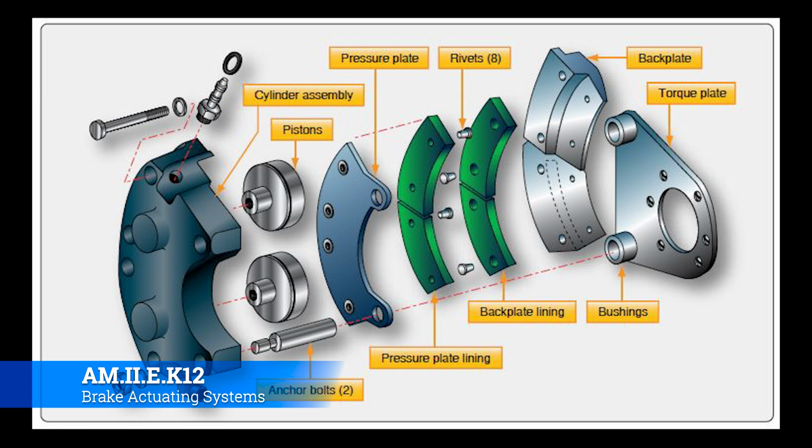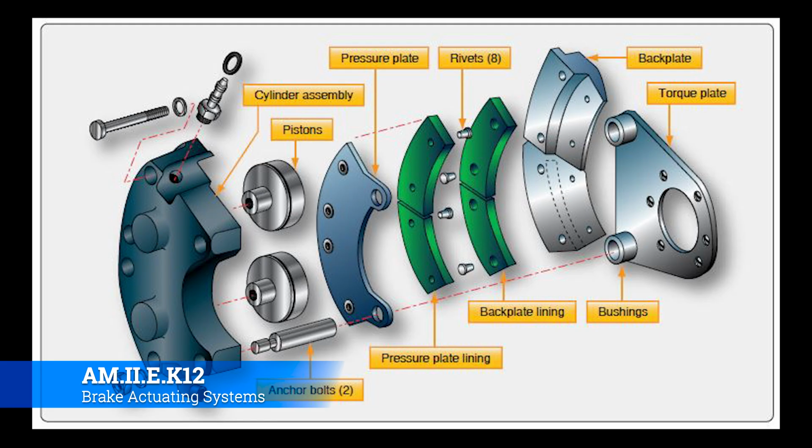Now the anchor bolts, or the pins that allow all this to slide up and down, mount into the torque plate, and the actual cylinder assembly or brake caliper housing is tied on with a series of bolts so it can't fall off.